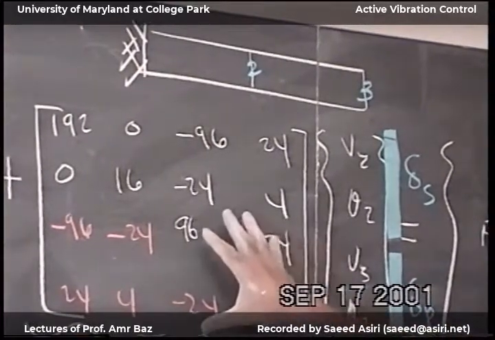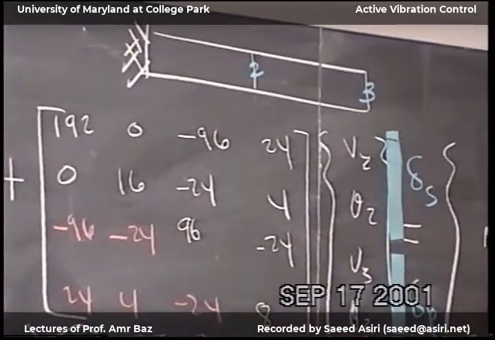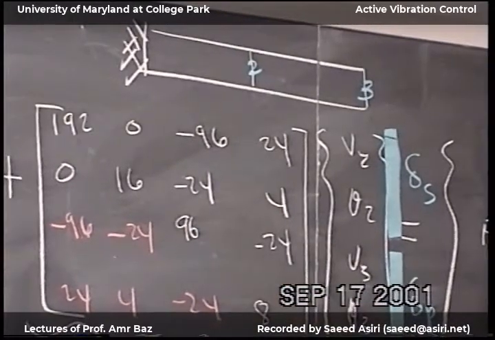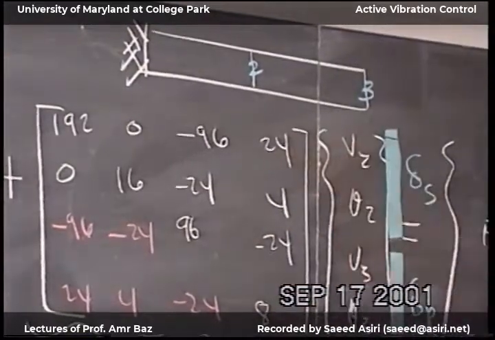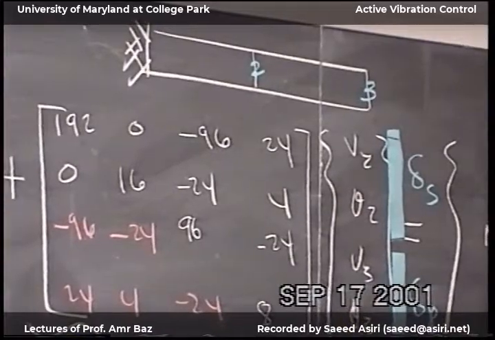Now I want to look only at the stiffness matrix because I'm going to do static condensation. So I'm going to look only at the stiffness matrix. Okay? So I'm going to take this stiffness matrix and do on it Gauss elimination. And then extract the R star and the K reduced.